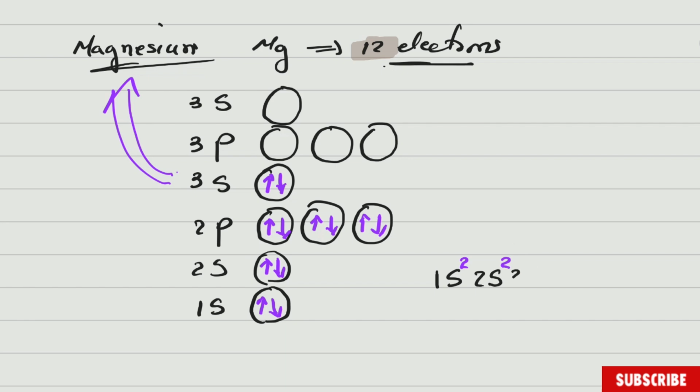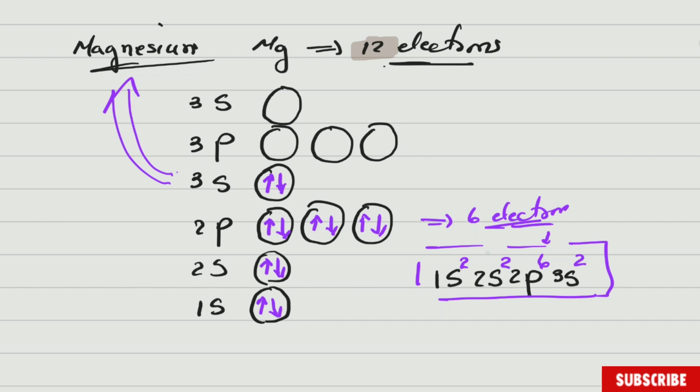Energy level 2 orbital p with 6 electrons in total. If you count here, you have 6 electrons, and then we represent it there. And then we finish with energy level 3 orbital s, and we have the 2 electrons. This one is the spectroscopic notation, also sometimes called electron configuration.